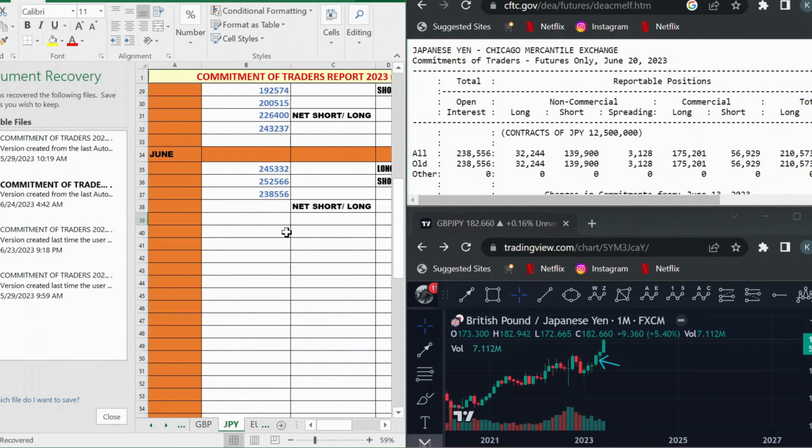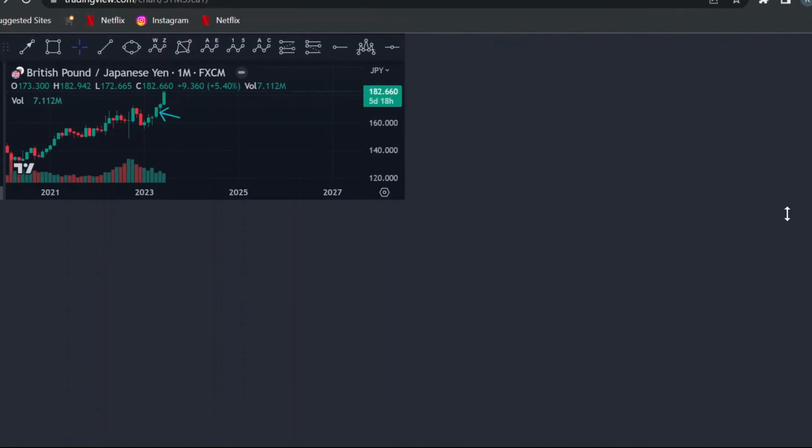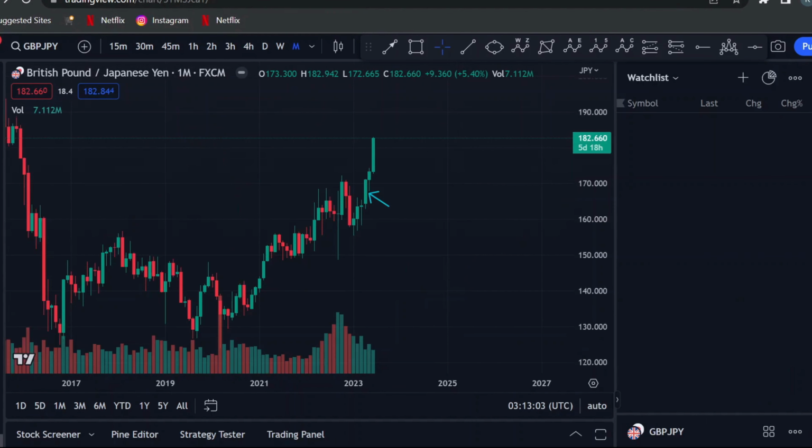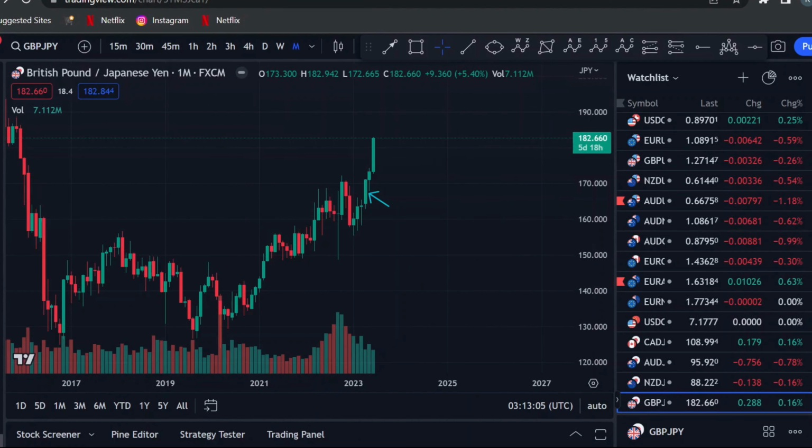So let's look at some of the yen pairs. Of course, this Japanese, British pound, Japanese yen.